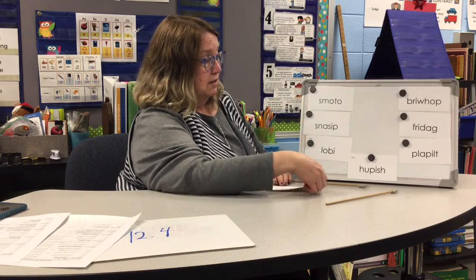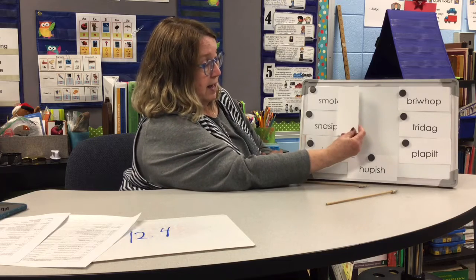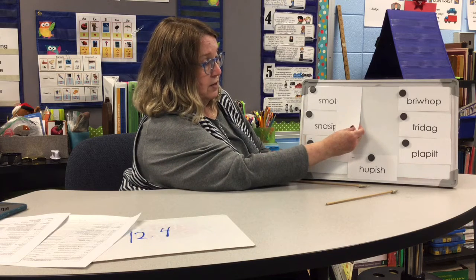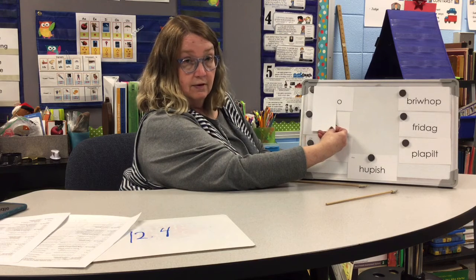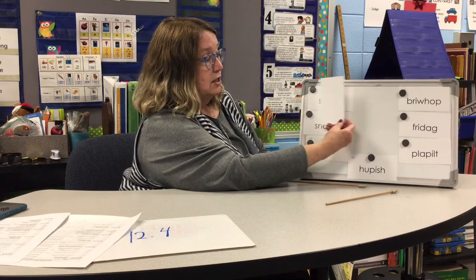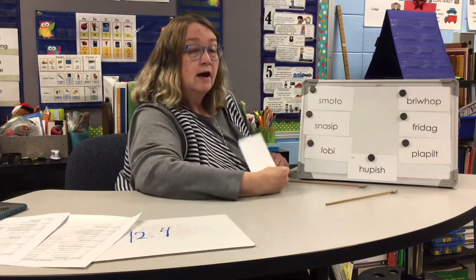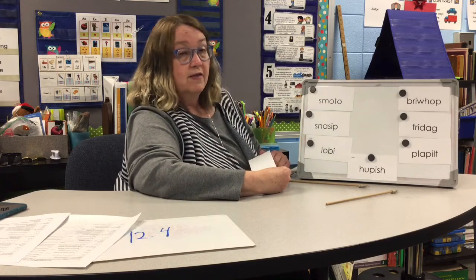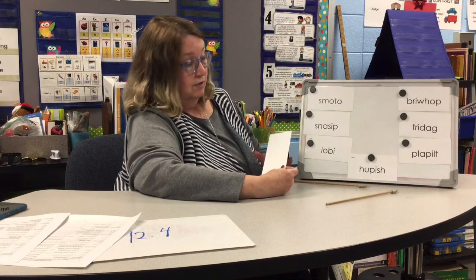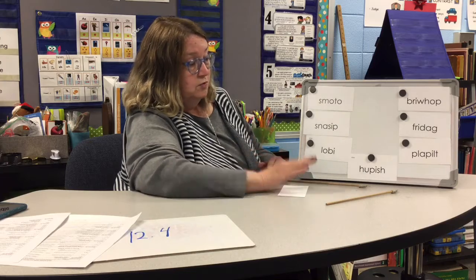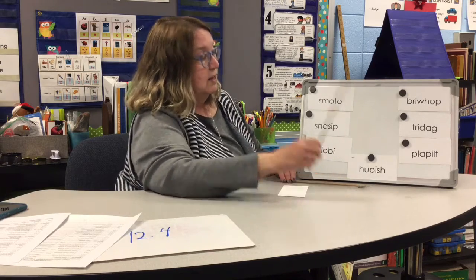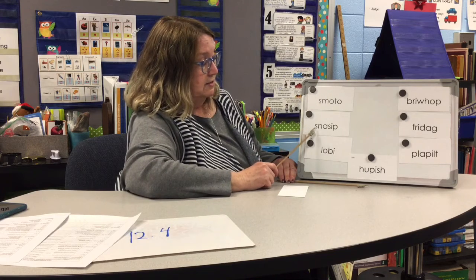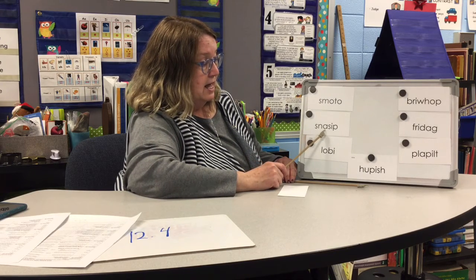If we divide this word after, we would read it as smat-o. So depending on how you've divided the word, it does change it. The rest of the words we're all going to divide before the consonant. So on your paper, write these letters: S-N-A-S-I-P.